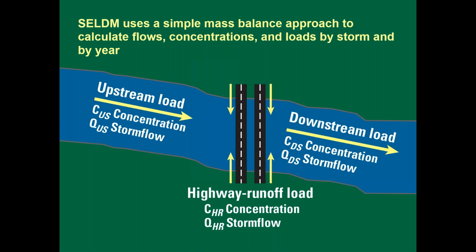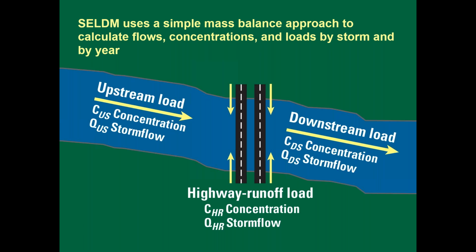As we see in this diagram, we get our upstream concentrations and storm flows. You multiply those together, you get your upstream loads. And from the highway site, urban site, or say highway maintenance yard of interest, you get your concentration of runoff times your storm flow, which gives you your highway runoff load.